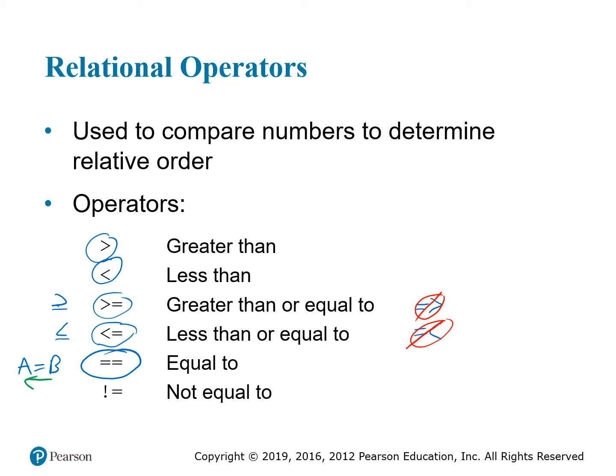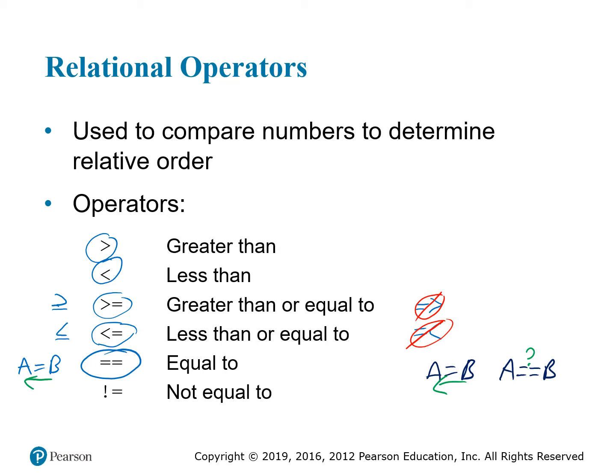So you have to keep in mind in C++, A equals B is a value assignment, and A double equals B is a test for equality.